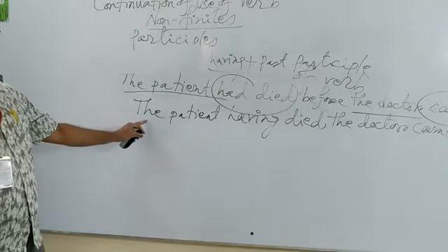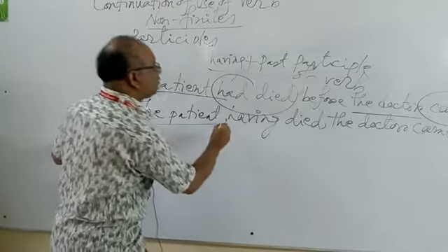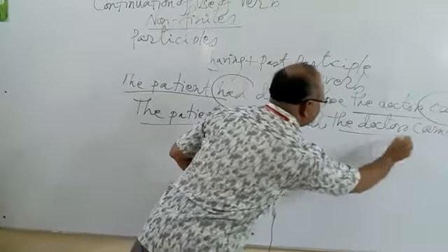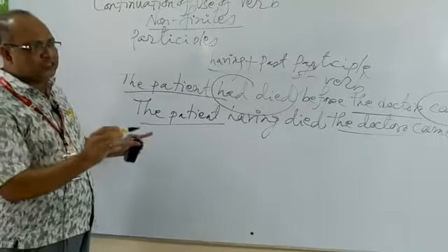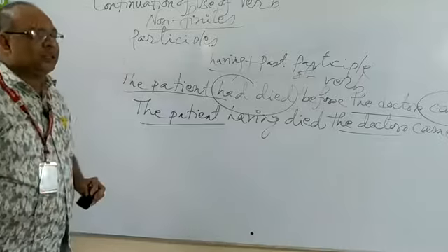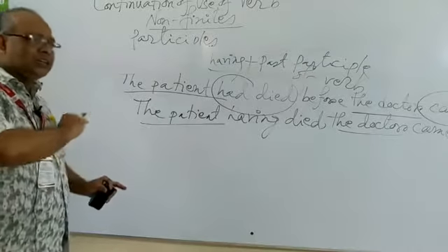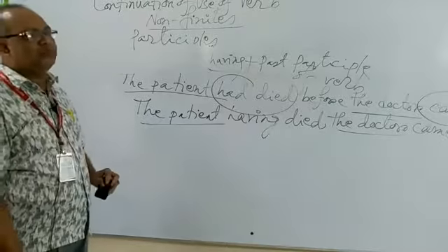This is very important. You must keep in mind there are two subjects in this sentence. So when there are two subjects for the two parts of the sentence, you must keep two subjects. You cannot omit one part of the subject.